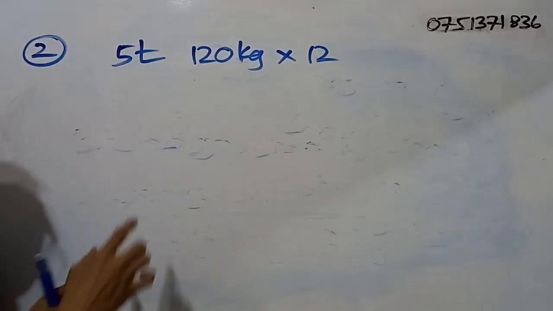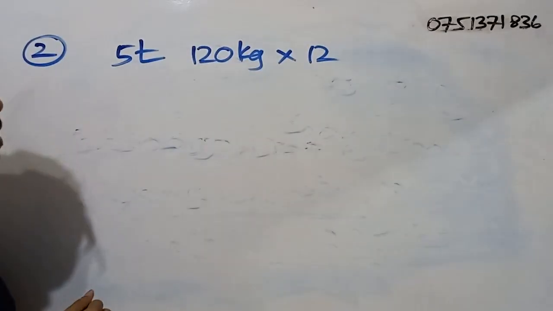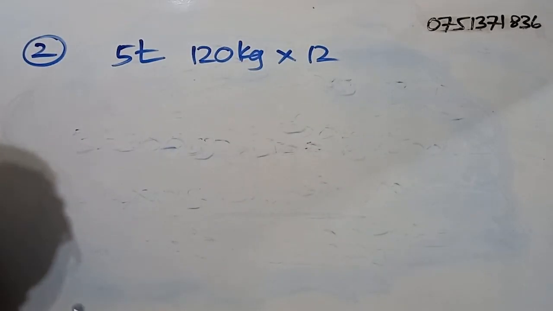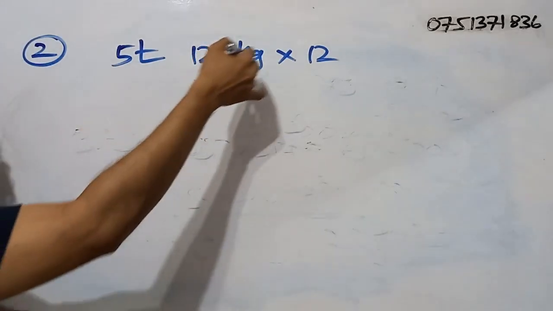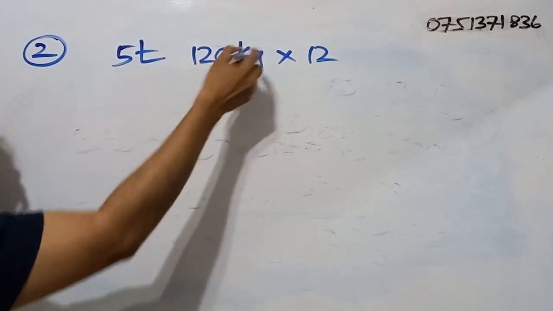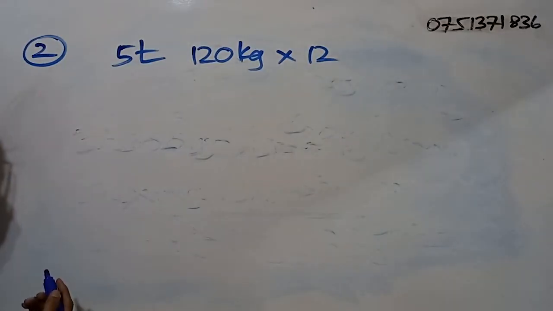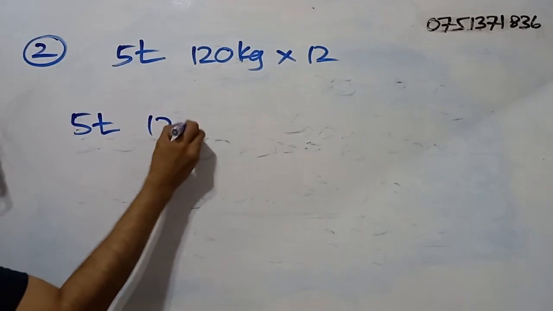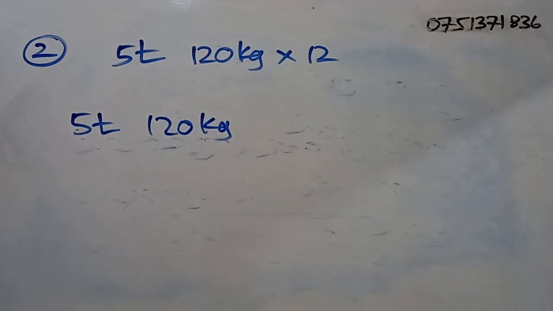So in the next question, we have to do this multiplication. So just as before, I will be doing the same question using two methods. One method is we can convert this entire amount into what? Kilograms. So 5 tons and 120 kilograms.